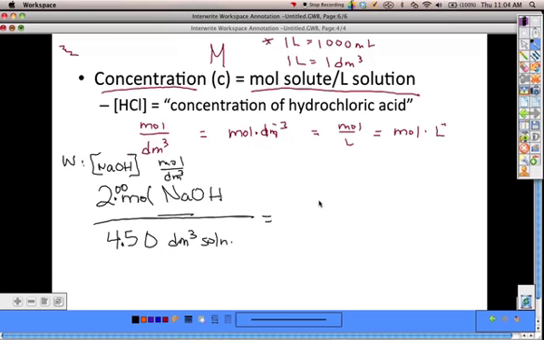When I calculate that out with 3 sig figs, I get 0.444 moles over decimeters cubed solution of NaOH. So not very concentrated. It's a pretty weak solution for us. There's not a whole lot of sodium hydroxide dissolved in this volume.